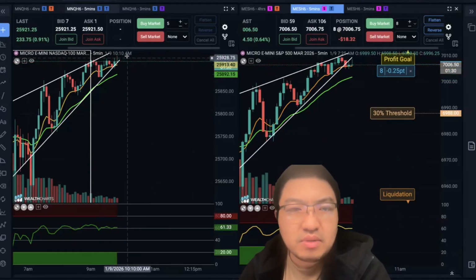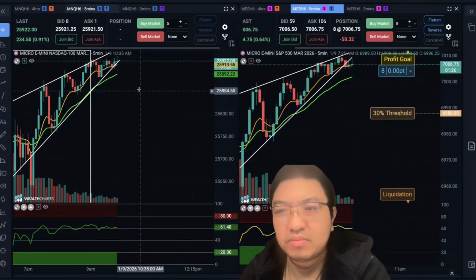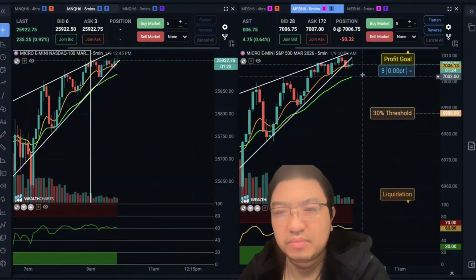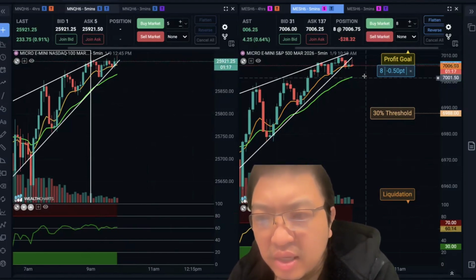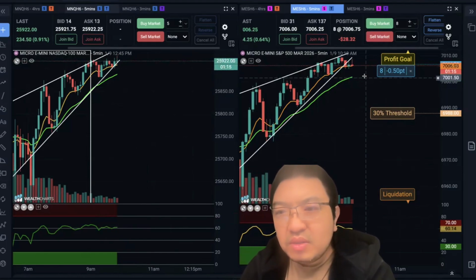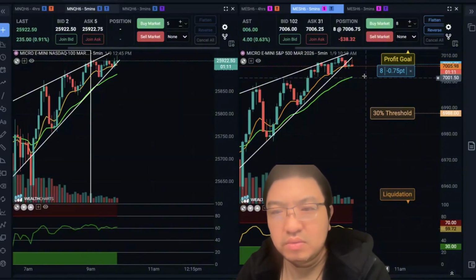Oh, it looks like the rejection steps in. And probably I need to set a stop loss somewhere here. I don't check the ATR. But maybe I should just set it here.